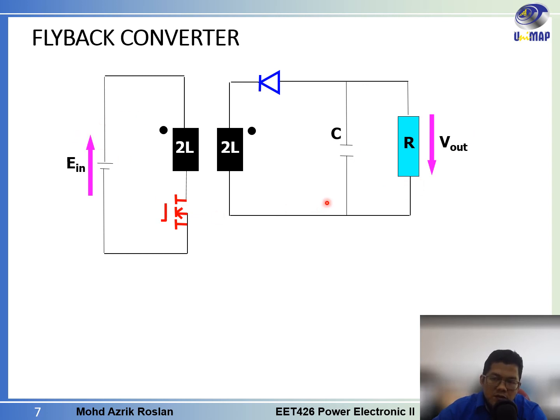So how can we do that? We can change the direction of the diode. We can change the dot of the secondary of the transformer by changing the way we wind the transformer, and by having that we can have the output voltage which is the same as the input voltage.